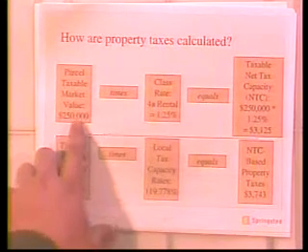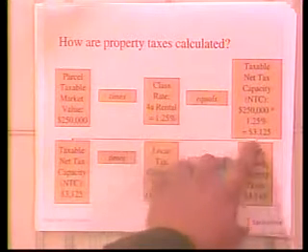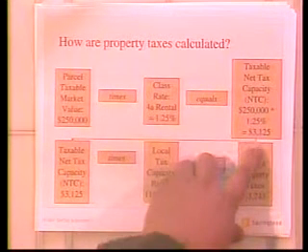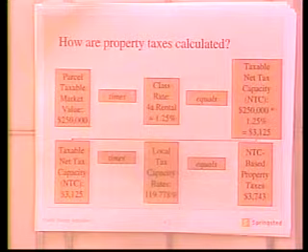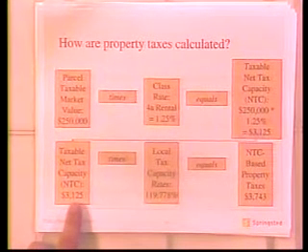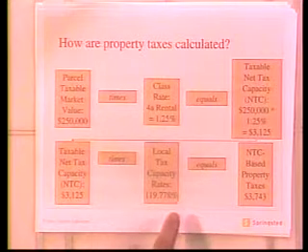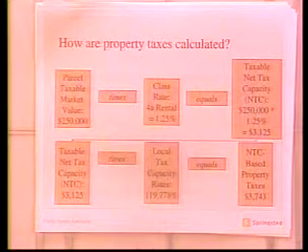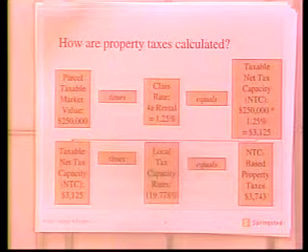So you take your market value times your class rate, and that gets you to your net tax capacity. In this case, $250,000 times 1.25% is $3,125. That gives us our taxable net tax capacity. This is the amount that the local tax rate is applied against. The local tax rate in this case is 119.778%.